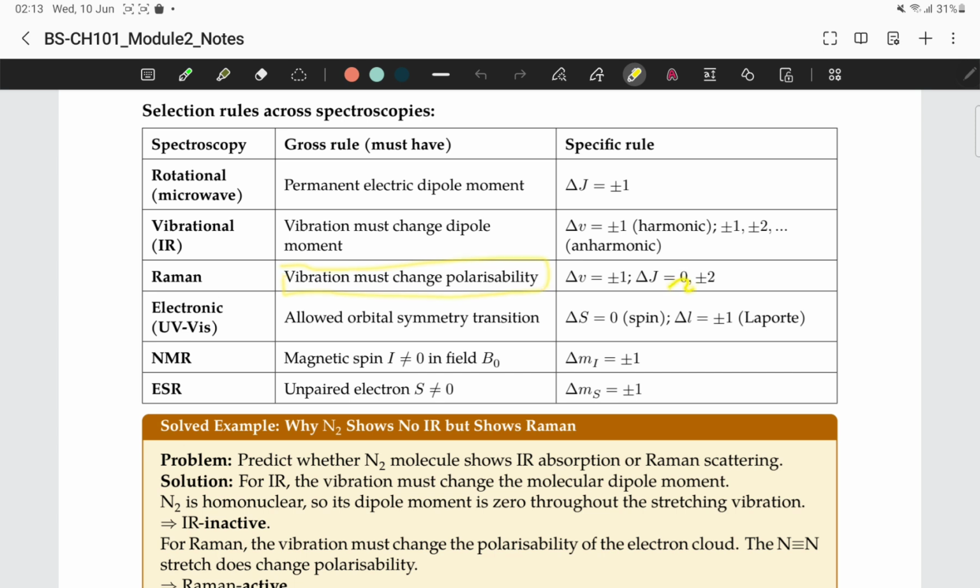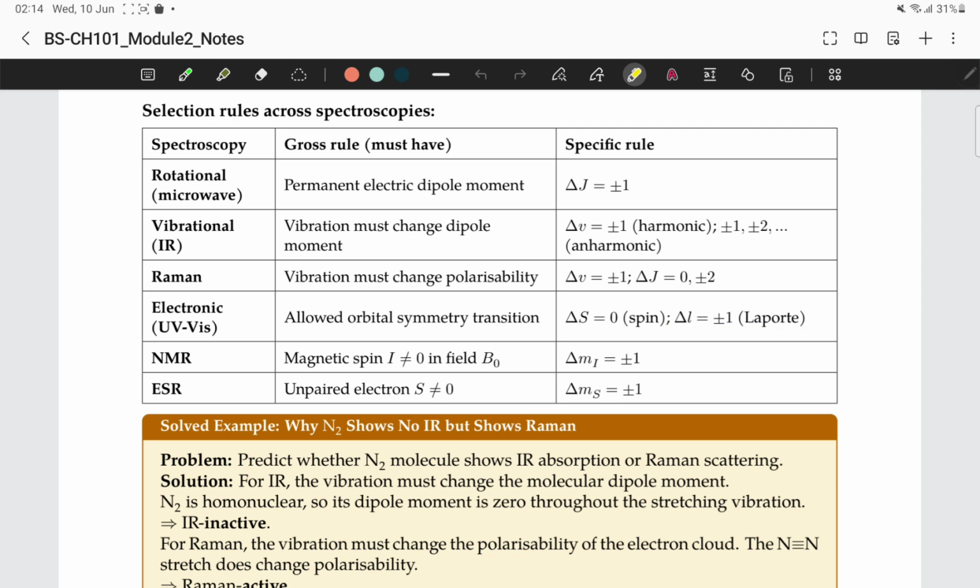Here delta v is plus minus 1 and delta J is plus minus 2. In electronic, that is UV-visible spectroscopy, the orbital symmetry transition must be allowed, where delta S equals 0, meaning spin does not change, and delta l equals plus minus 1.